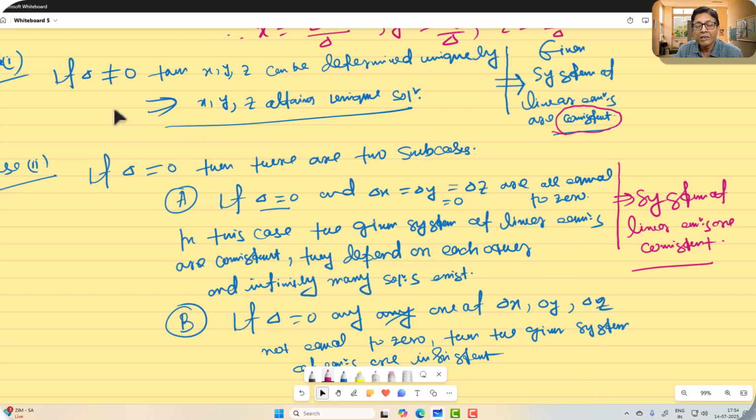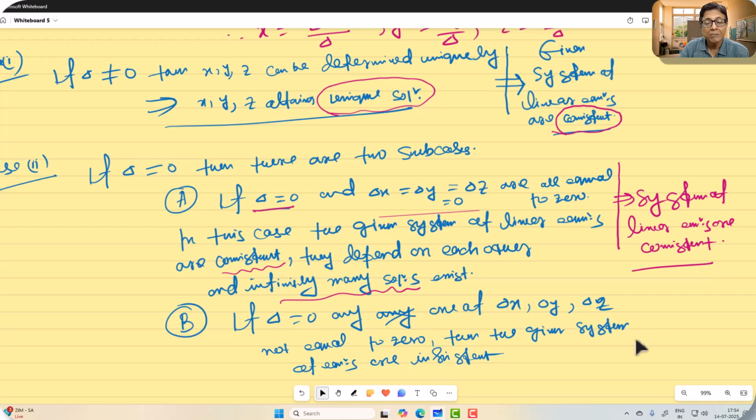Once more: delta not equal to 0, then consistent, unique solution. If all four determinants are equal to 0, then infinitely many solutions, and the system is consistent. If delta equal to 0 and one of these is not equal to 0, then the system of linear equations is inconsistent. We should keep these three things in our mind.